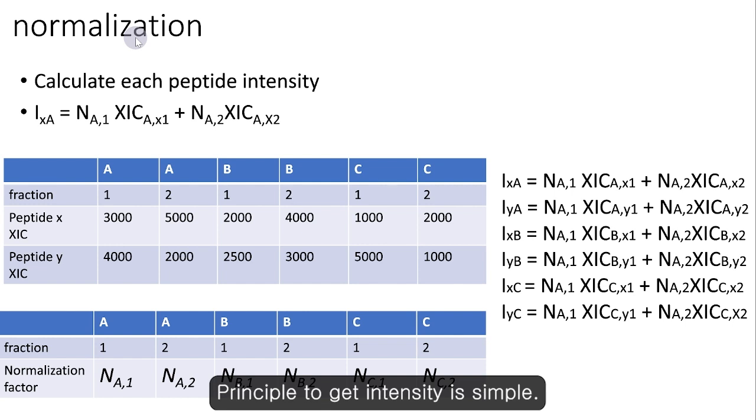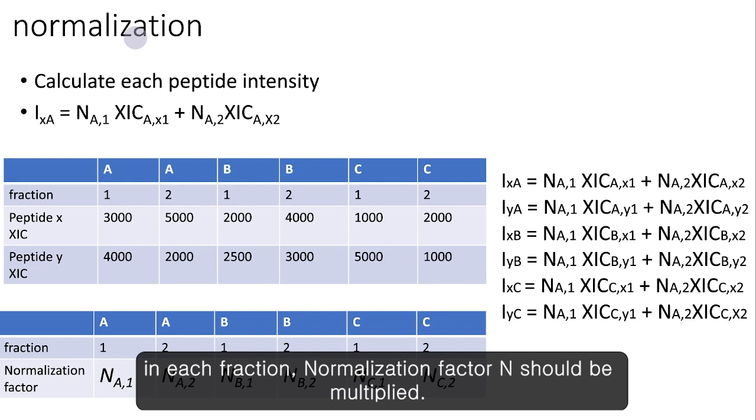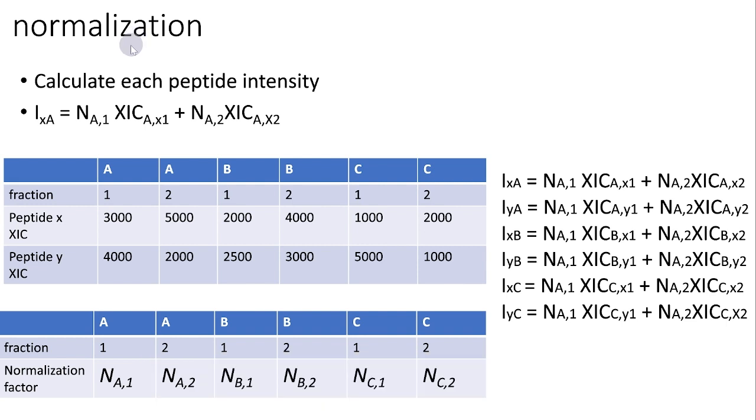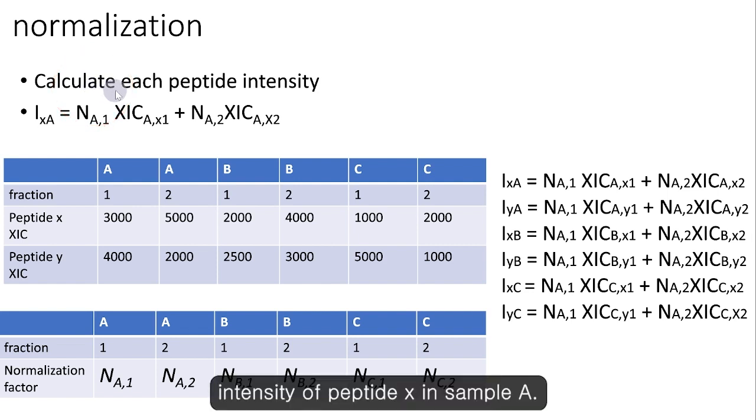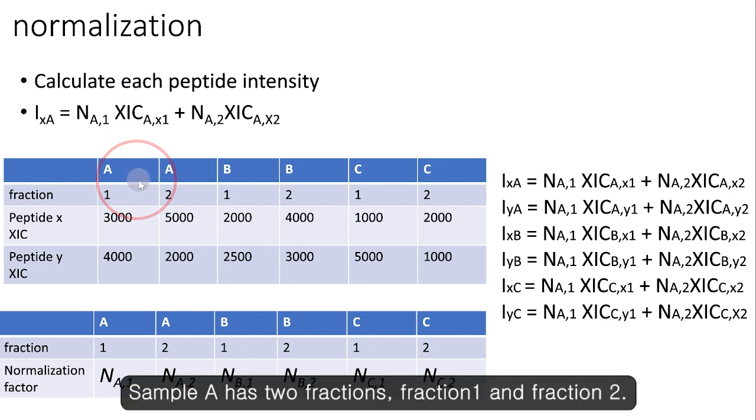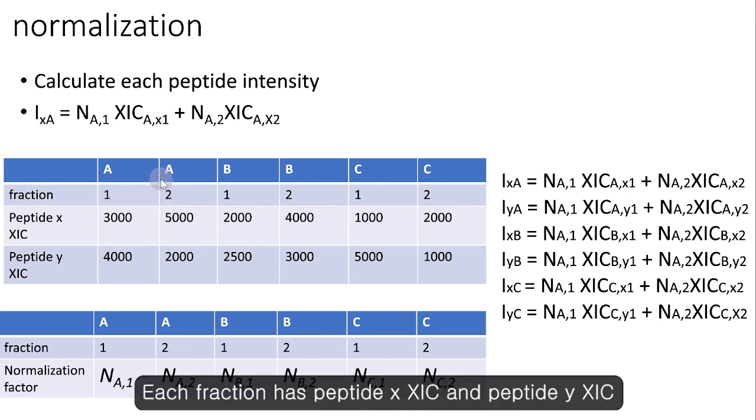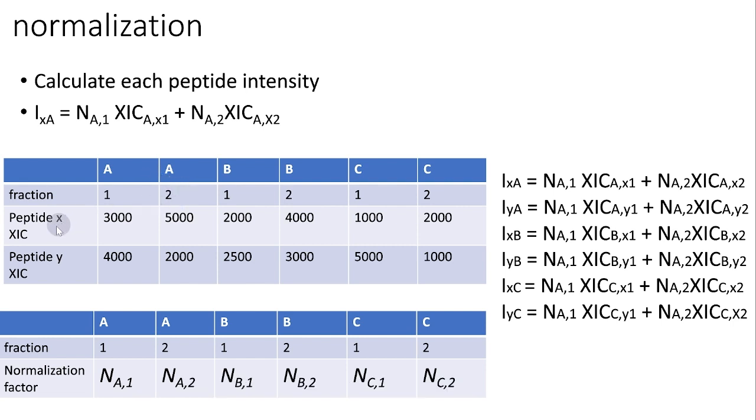The principle to get intensity is simple. Before summing the peptide XIC in each fraction, normalization factor n should be multiplied. Let's calculate the intensity of peptide X in sample A. Sample A has two fractions, fraction 1 and fraction 2. Each fraction has peptide X XIC and peptide Y XIC.